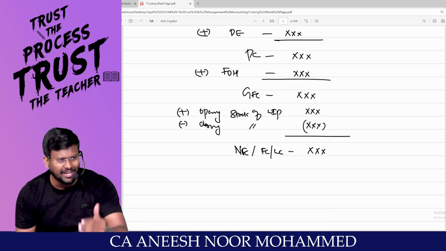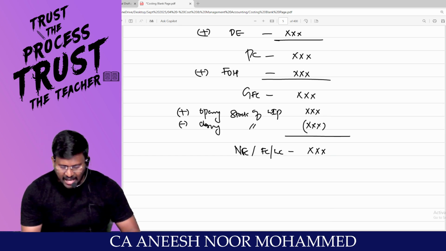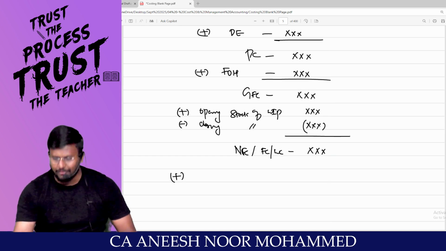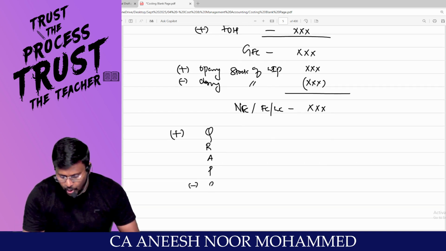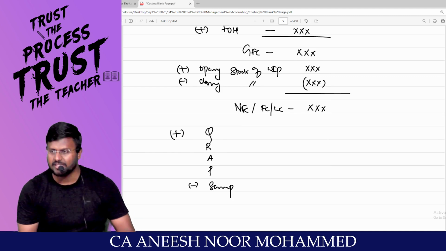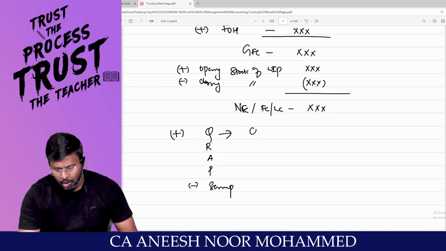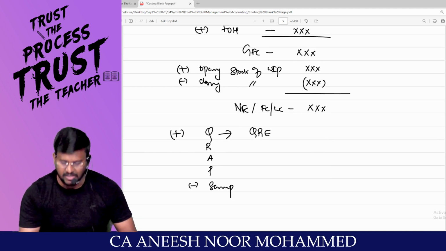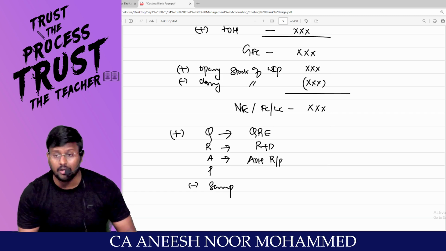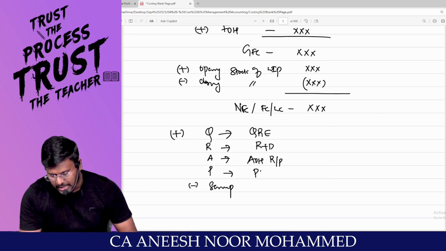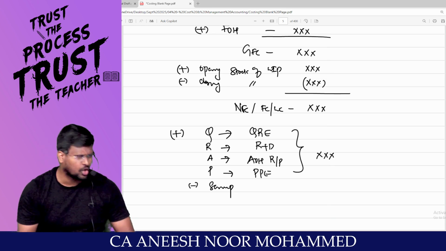Before that product is supplied to the customer, as a manufacturer, you have to incur QRAP minus scrap. What is Q? Quality control expenses. What is R? Research and development expense. What is A? Administration overhead related to production. What is P? Primary packing expenses. Primary packing cost.